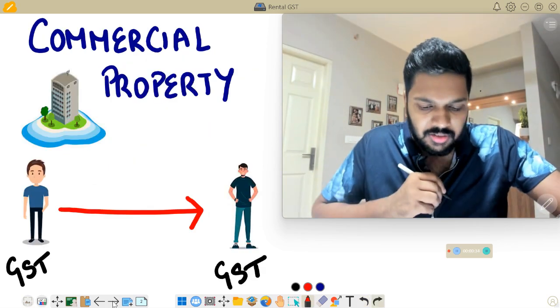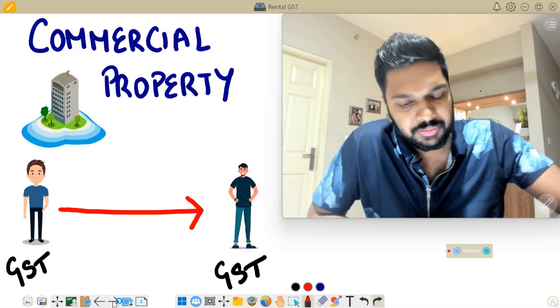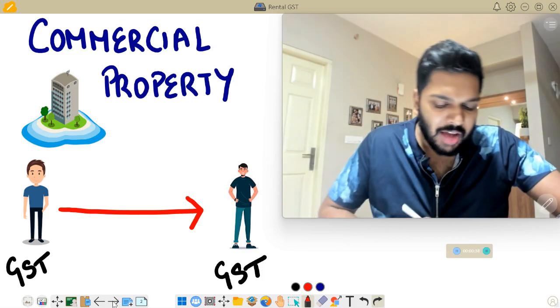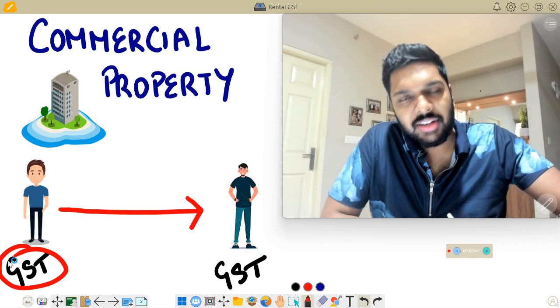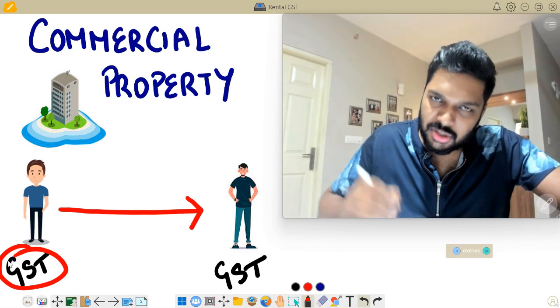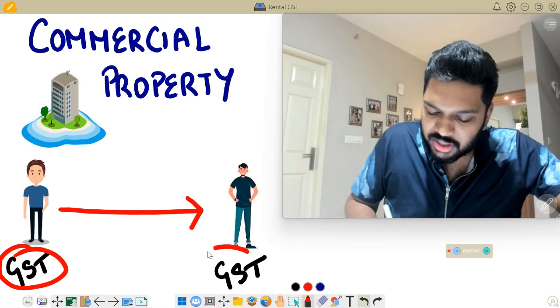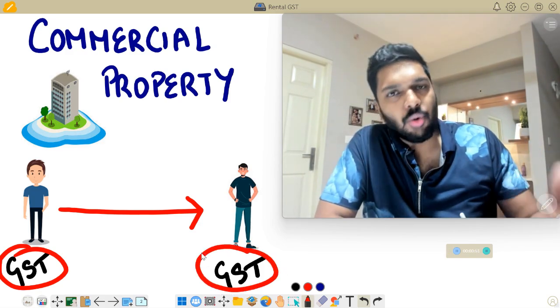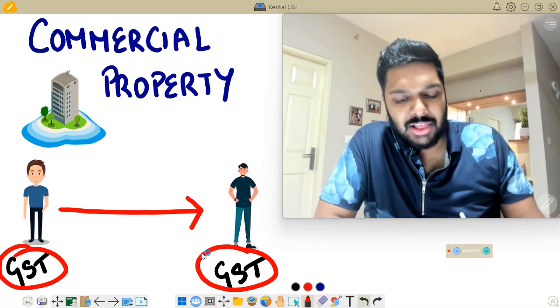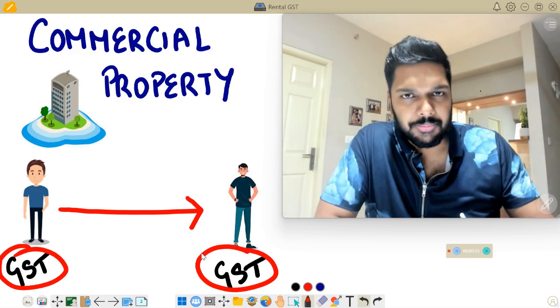So first, let's take the case of a commercial property. In the first situation, you have the landlord who has obtained a GST registration and has provided rental services in respect of commercial property to the tenant who also has a GST registration. So in this case, both the landlord and the tenant are GST registered and the property in question is a commercial property.